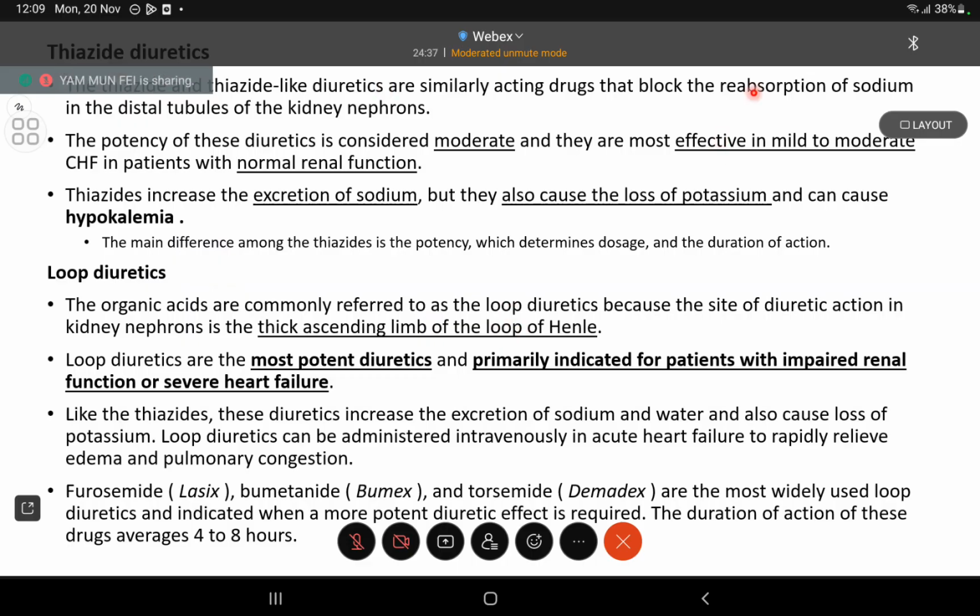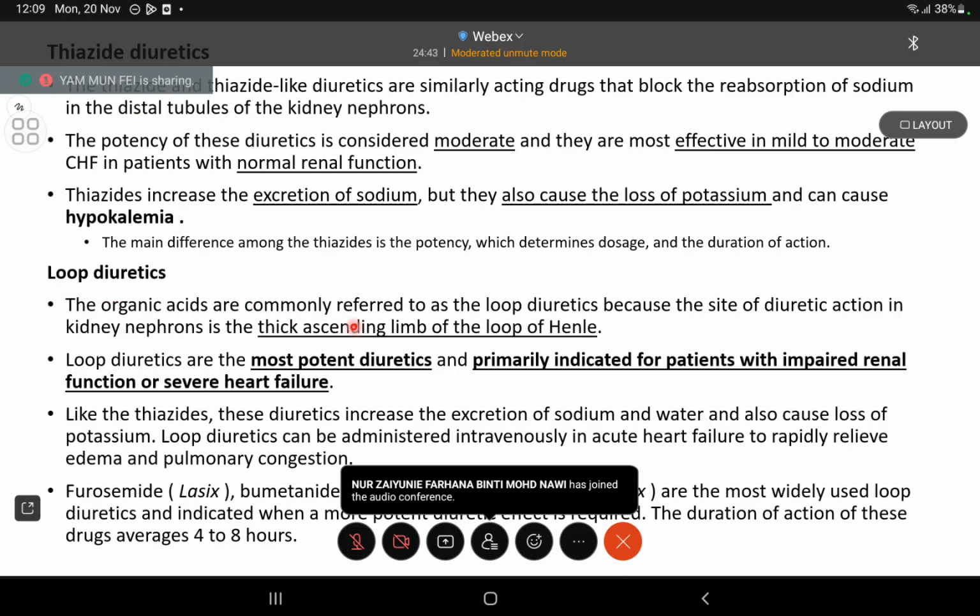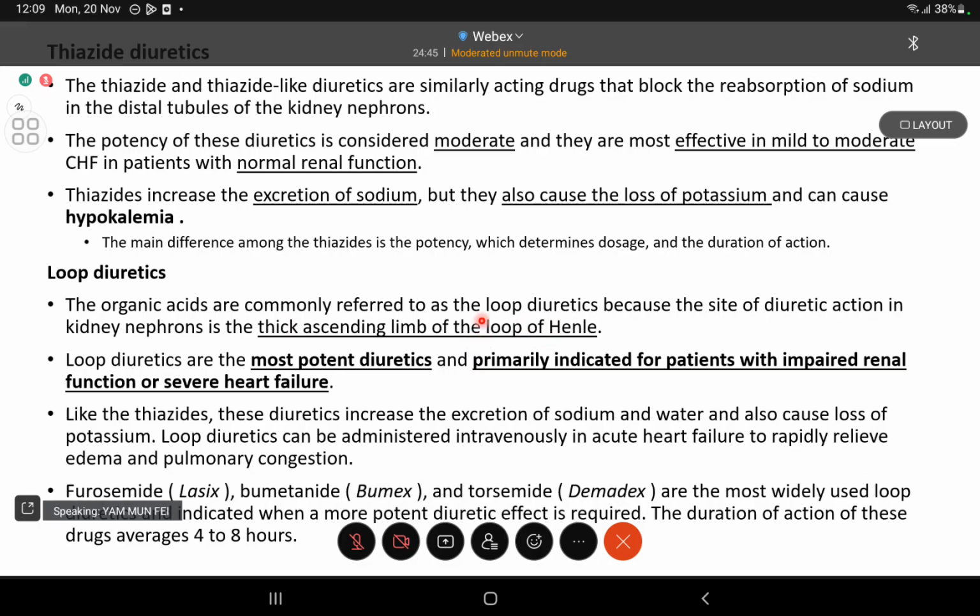Thiazide acts in the distal tubule while loop diuretic acts on the loop of Henle, especially the ascending loop of Henle. So the loop of Henle basically has two parts, isn't it? One is ascending, one is descending. For the loop diuretic we act on the ascending.